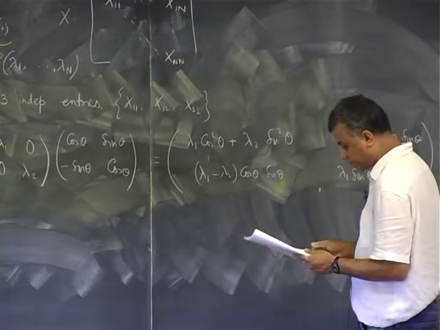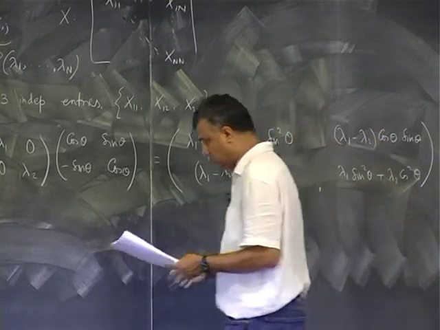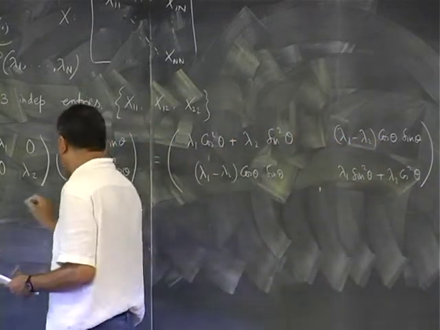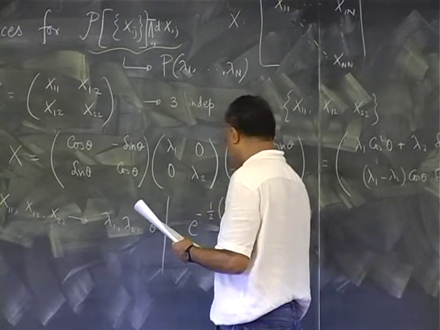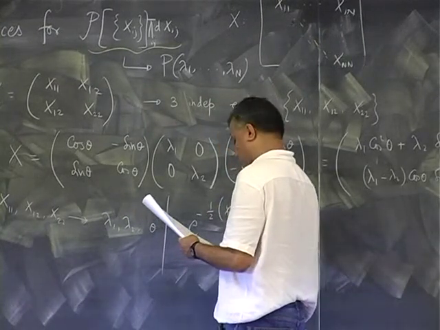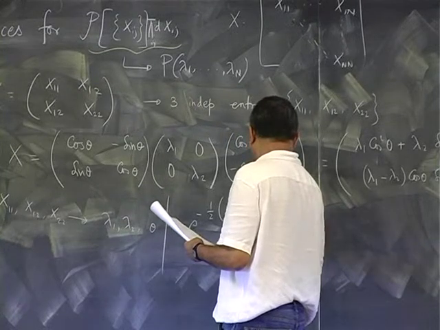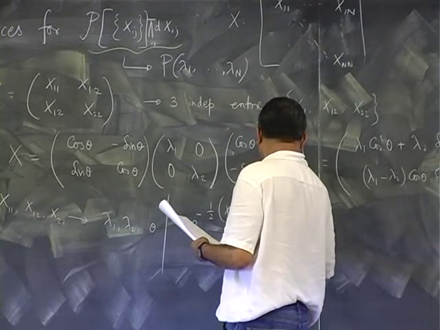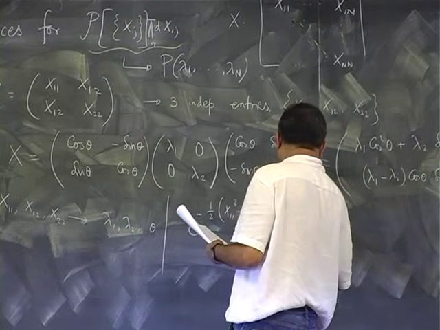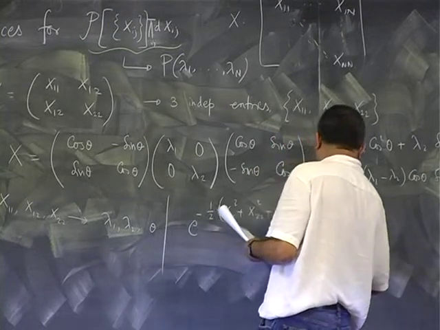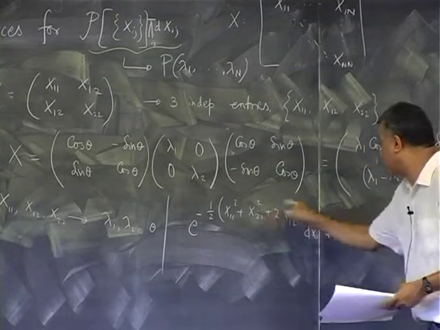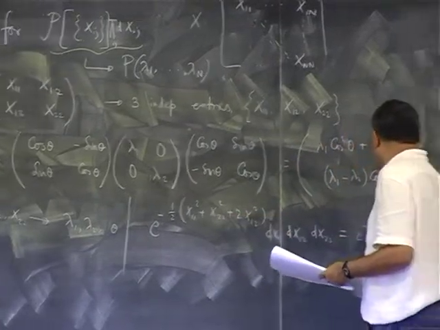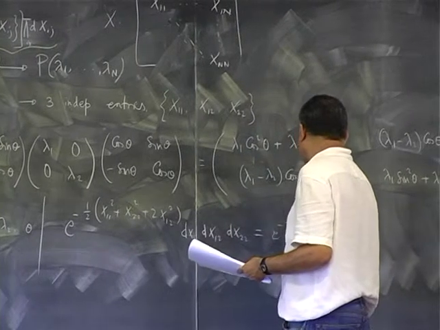Therefore, as I said, for the Gaussian case, for instance, this part transforms trivially into lambda 1 square plus lambda 2 square.